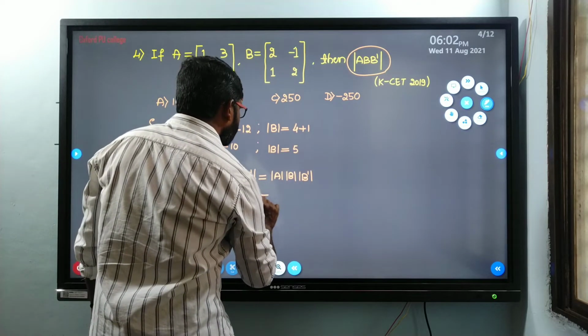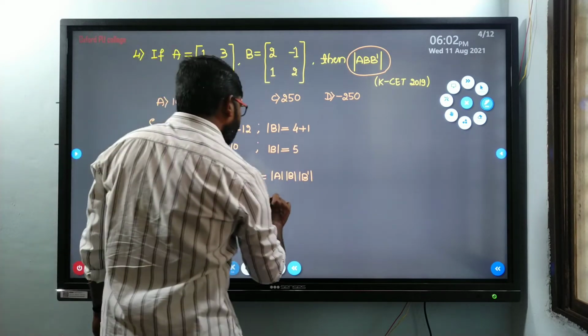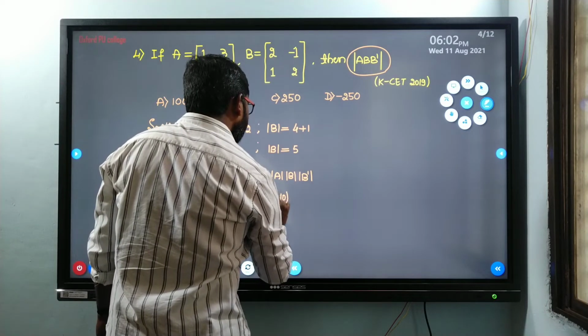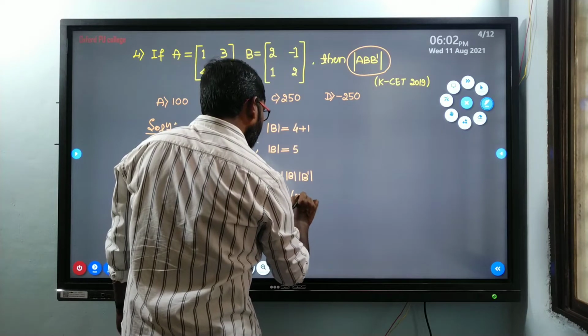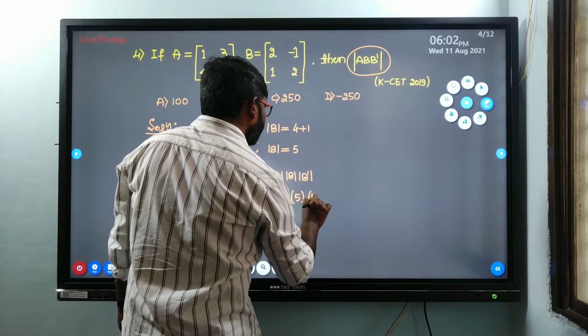Substitute the values now. What is det A? It is minus 10. Then determinant of B, it is 5. Then determinant of B dash which is again 5.